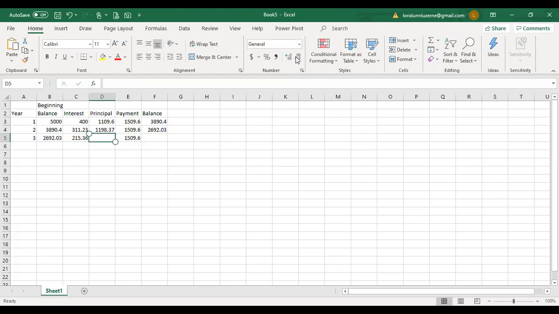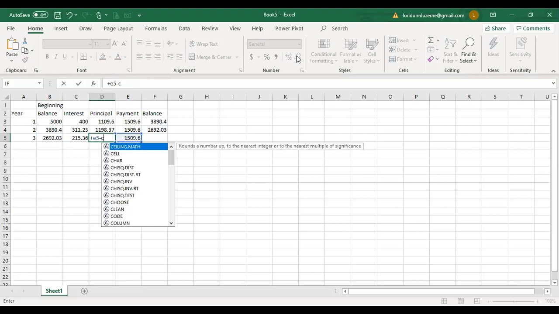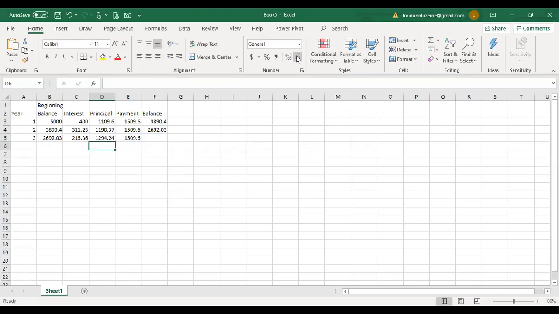The first part of my payment goes to pay interest, so plus E5, subtract the interest because that gets paid first. And that part decreases my loan amount. That's the part that is applied towards principal, B5 minus D5.